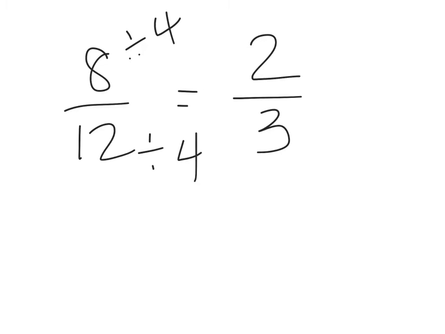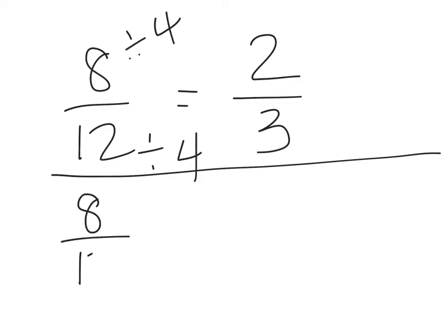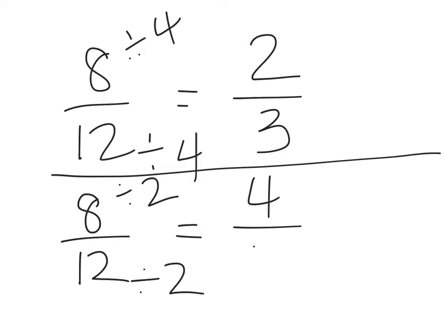Those are equal. Now let's say you're not really good with fractions and you don't find the greatest number. Let's say you knew that they're both even numbers, so you divided that by 2. 8 divided by 2 is 4. 12 divided by 2 is 6. I notice that there's still a common factor in there.